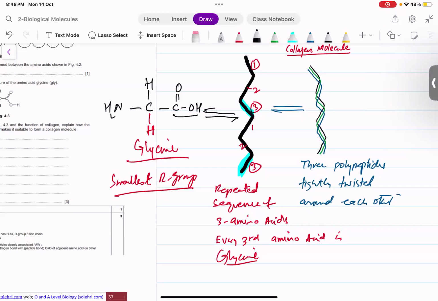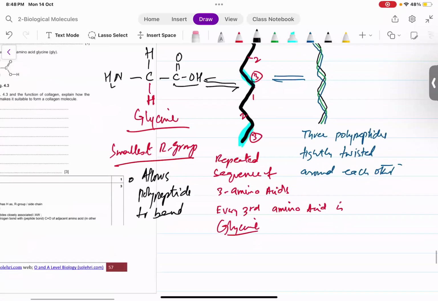The presence of this glycine repeatedly in a polypeptide chain contributes to the adaptation of this structure to the function of a collagen molecule. The smallest R group allows the polypeptide to bend slightly. This bending is not due to an alpha helix or hydrogen bonding. Instead, it is due to a smaller R group.